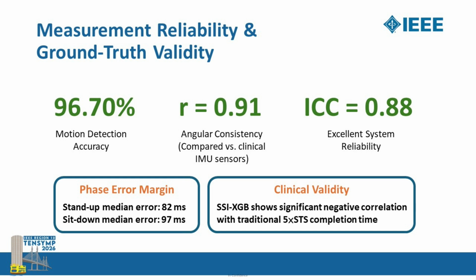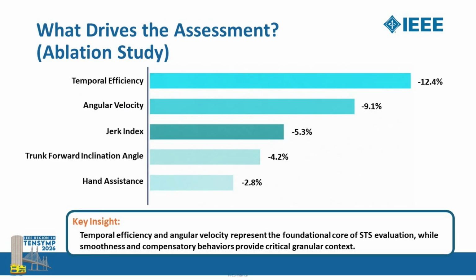Furthermore, when the side view camera angle deviates by less than 15 degrees, functional classification consistency remains as high as 82%, demonstrating robustness against environmental variations. We further evaluated the scientific validity and reliability of the proposed system.